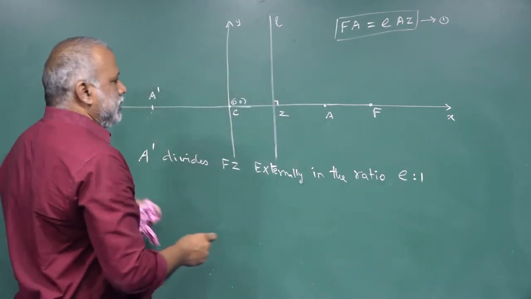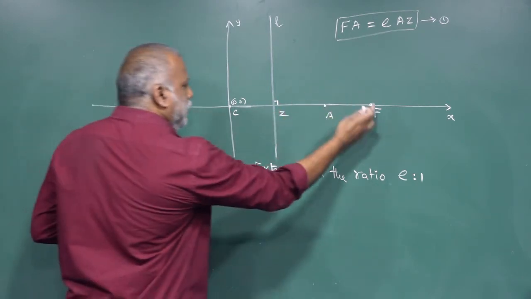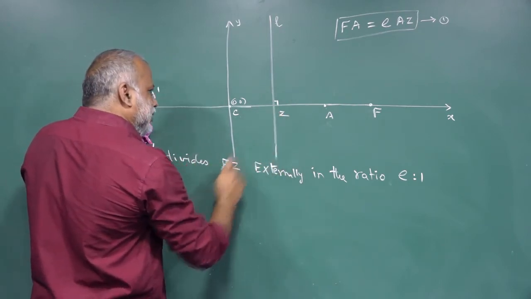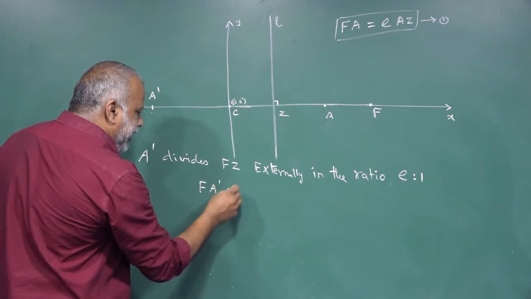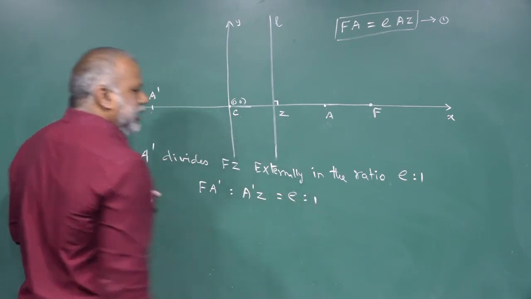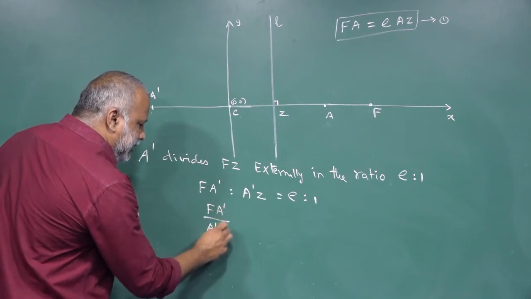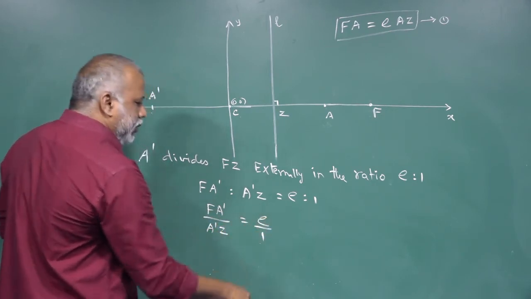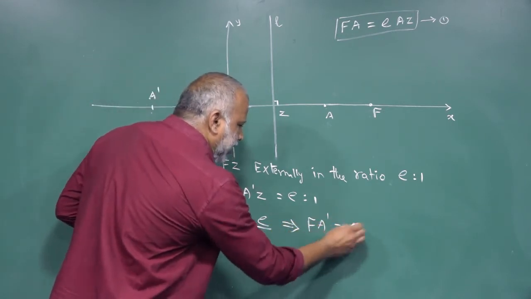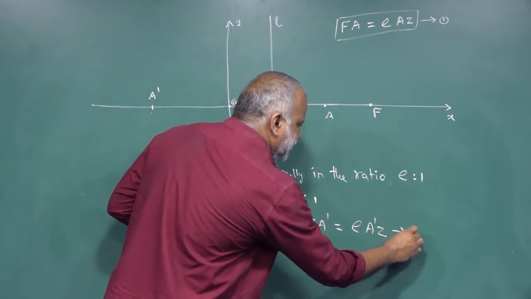So I can write: FA dash ratio A dash Z equal to e ratio 1, that is FA dash divided by A dash Z equal to e divided by 1. So FA dash equal to e times A dash Z. Say this is equation number 2.